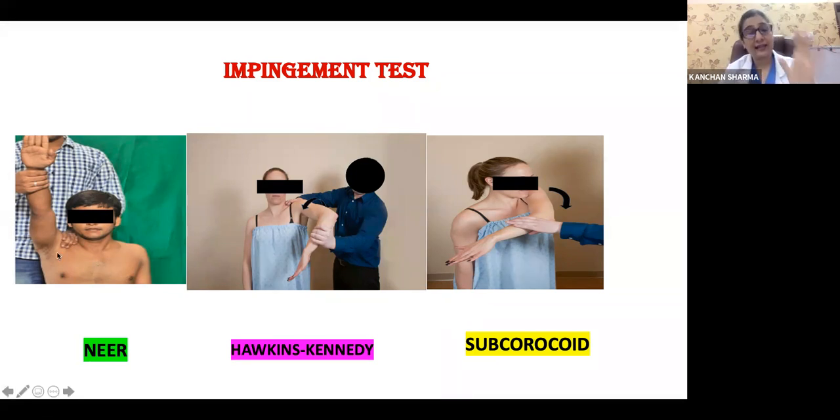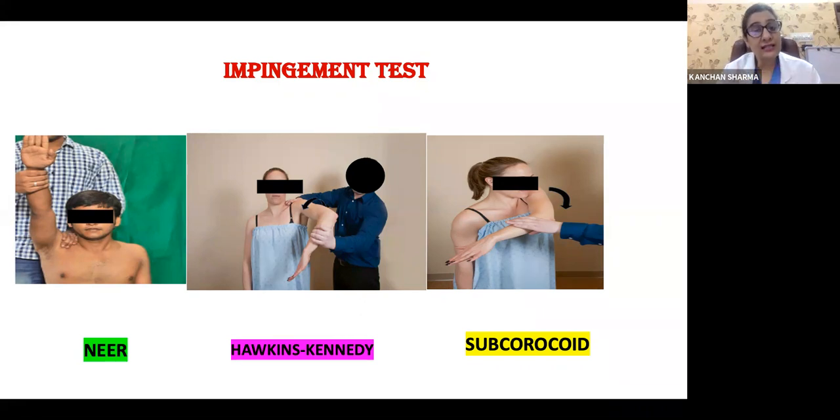Hawkins-Kennedy test is, you abduct the arm, flex the elbow and do the internal rotation. Again, if the patient is having any sort of subacromial impingement, the patient is going to complain of pain. Subcoracoid impingement means there is an impingement of your subscapularis muscle beneath the coracoid.